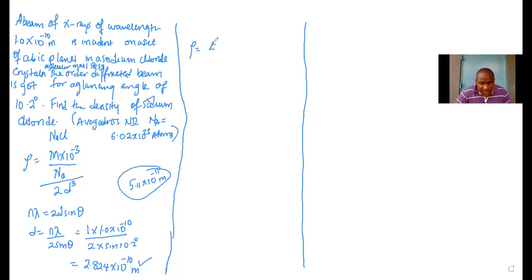So this would give me 58.5 times 10 power -3 divided by 6.02 times 10 power 23 times 2 times 2.824 times 10 power -10, but the whole of this one has to be cubed. Now, can you carefully press your calculator?